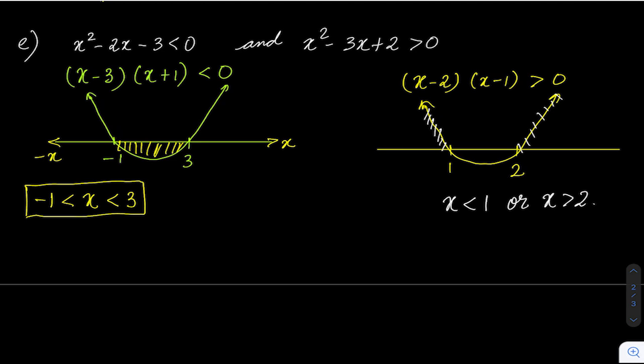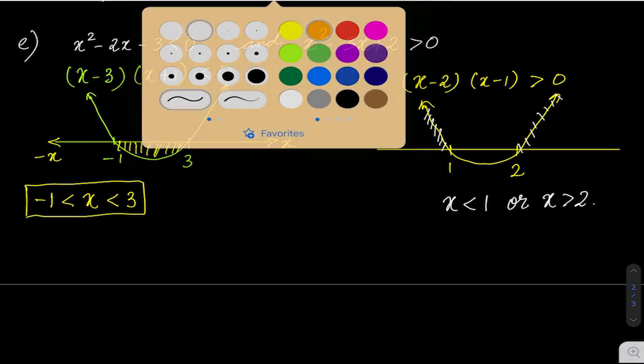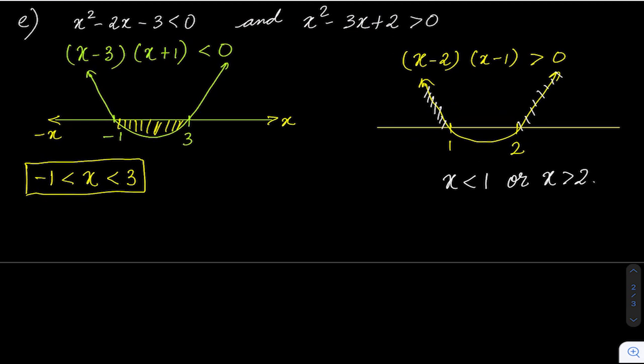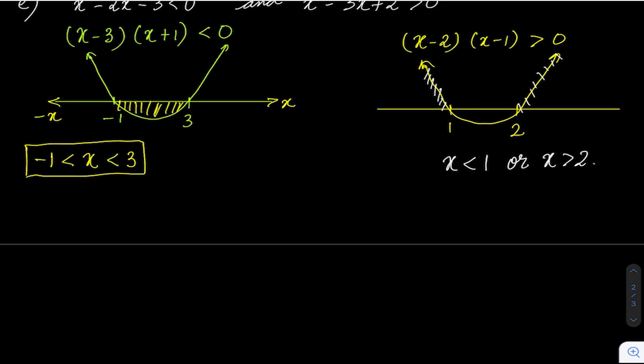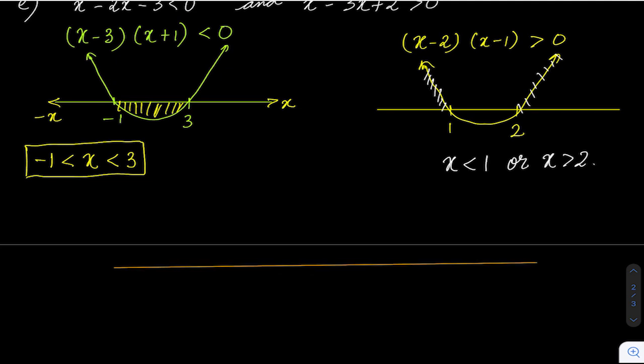Now as you can see, in this case it might be a little difficult for some students to think of the answer orally. So what we will do is make a number line, or you can say the x-axis, and represent both the answers. What are the points that I have?